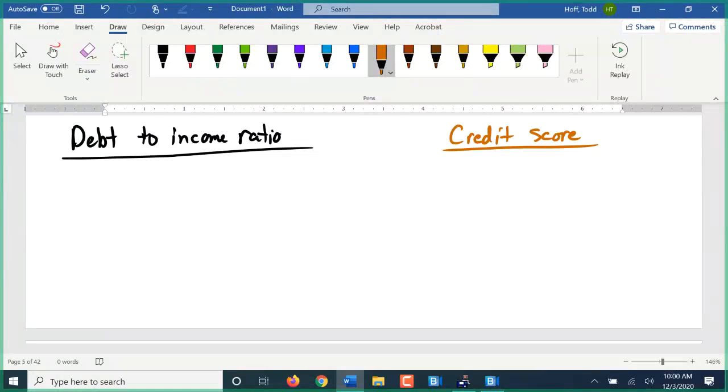If you have a terrible credit score, like if you're under a 500, that means you've probably missed a bunch of payments, defaulted on a loan somewhere. They're probably not going to give you a loan if you have a terrible credit score. But as long as you're at 625, 650 and above, you're probably going to get the loan. The difference is your credit score usually determines your interest rate.